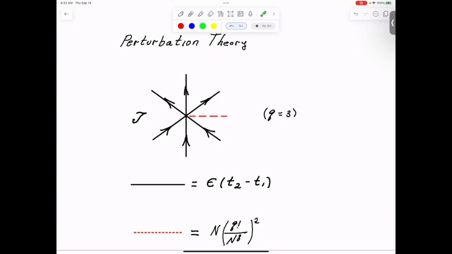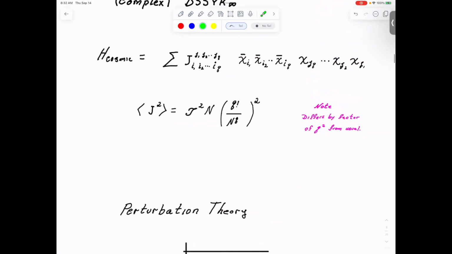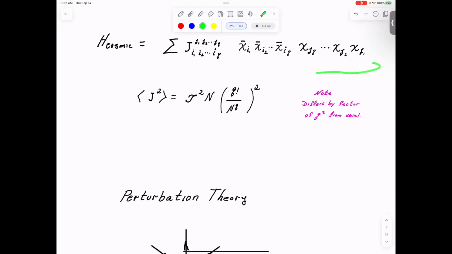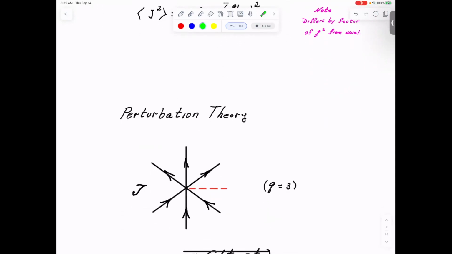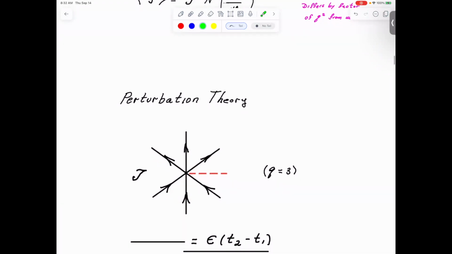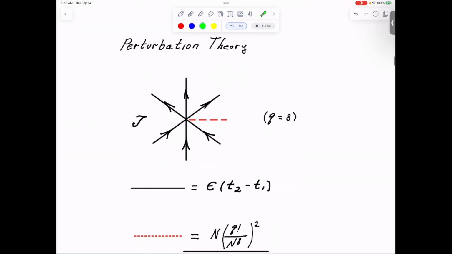The vertices of the perturbation series are simply the terms in the Hamiltonian, and notice that each one has Q fermions and Q antifermions. Here they are. This is the case Q equals 3: incoming fermions and outgoing fermions. We'll give that a weight J, and that's our basic vertex.